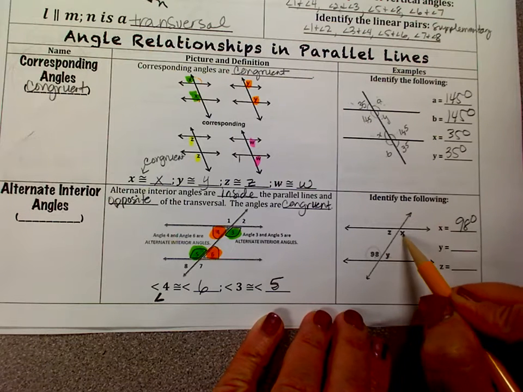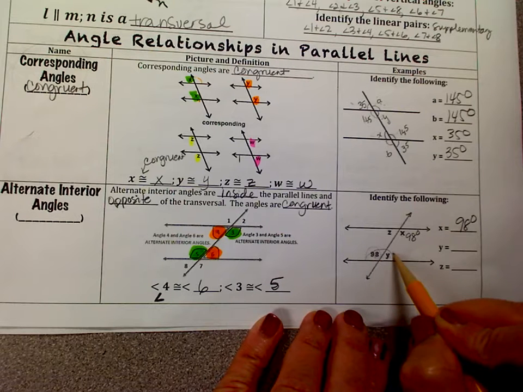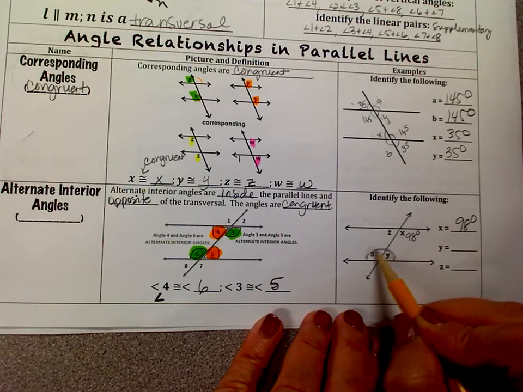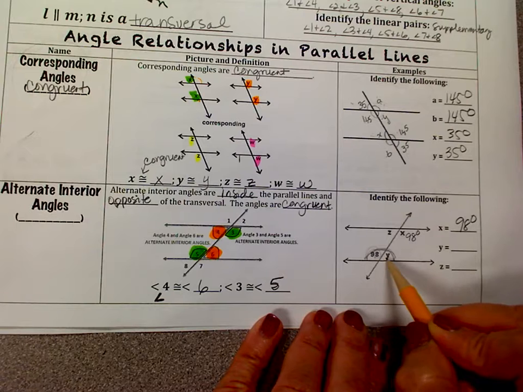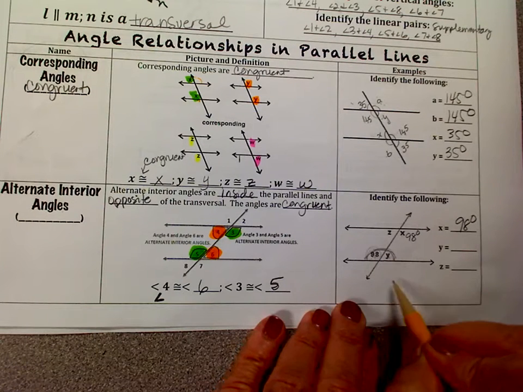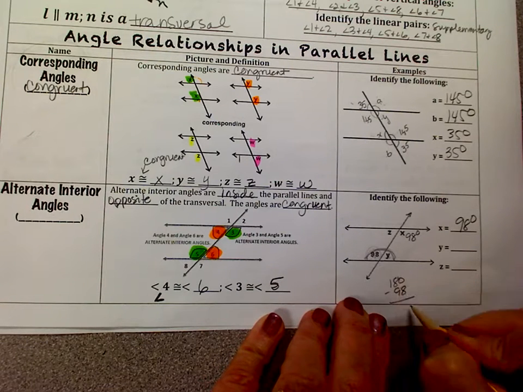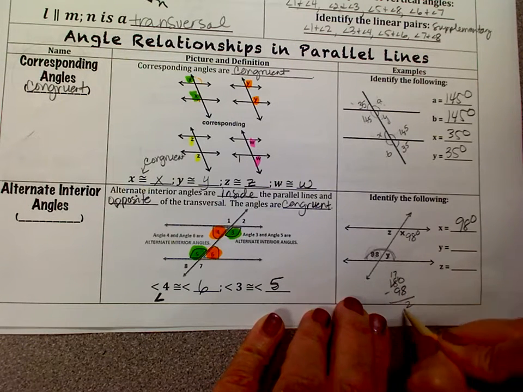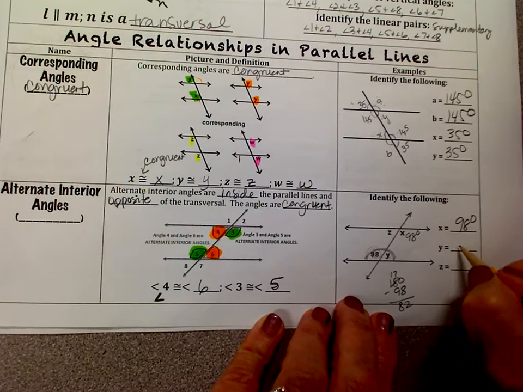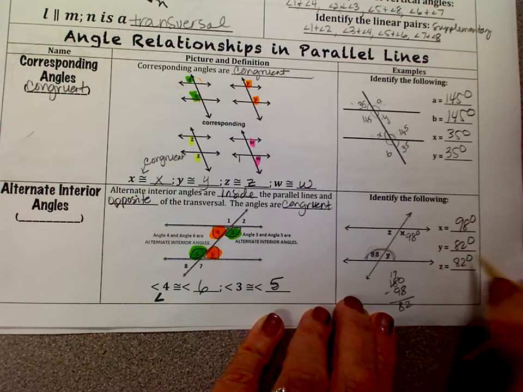But if we know x is 98, what previous knowledge do you have in order to find y? Well, you know these are a linear pair or supplementary. So 180 minus 98, that's going to be 82.